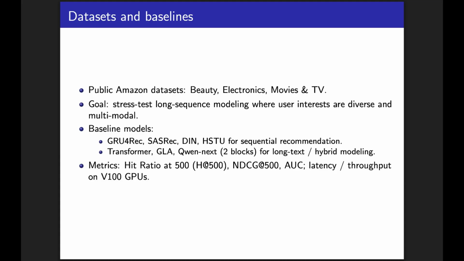In terms of metrics, they used three main accuracy metrics, one of which is the hit ratio. And for those of you who don't know, the hit ratio responds to the question, how often do we include the correct next item at some point, somewhere in the top 500 recommended items that we have output.